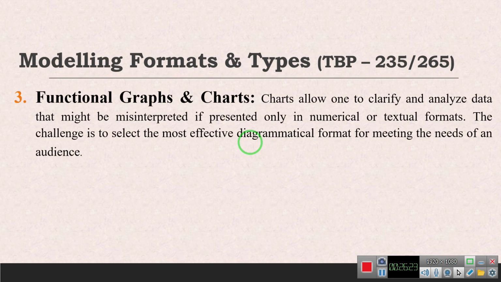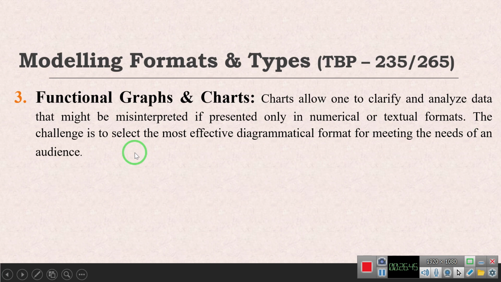The last type is functional graphs and charts. Charts allow one to clarify and analyze data that might be misinterpreted if presented only in numerical or textual formats. The challenge is to select the most effective diagrammatical format for meeting the needs of an audience.